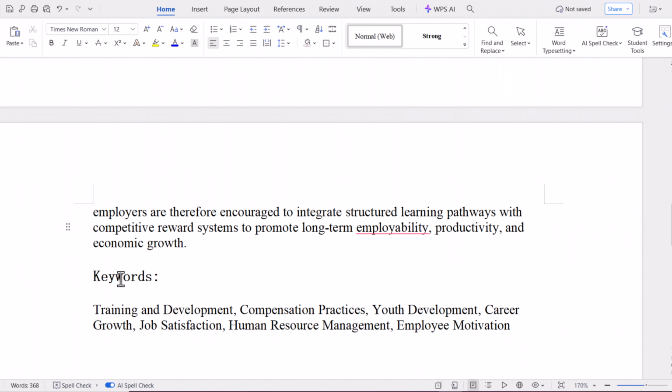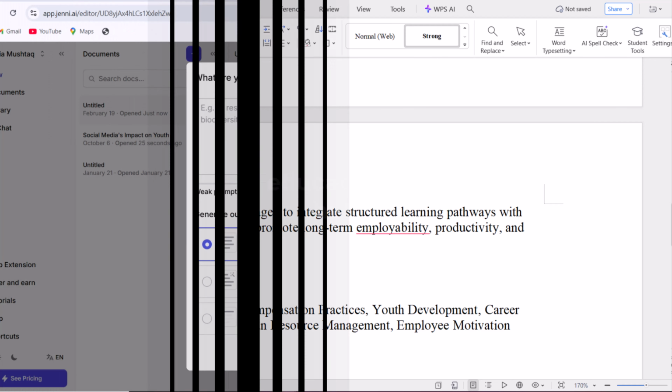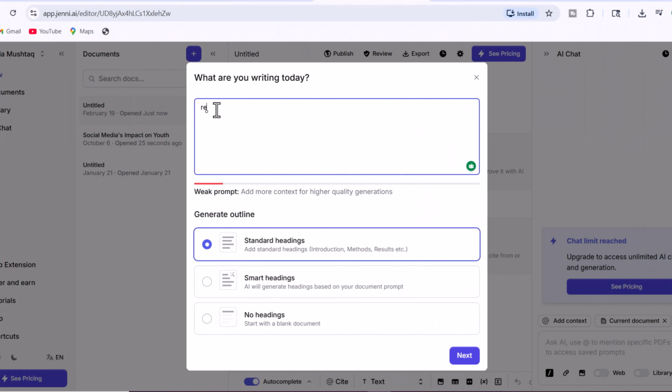In addition to the abstract, you are usually required to include 3 to 5 keywords. For this topic, suitable keywords might be youth development, employee training, compensation strategies, career growth, and job satisfaction. These keywords help others discover your research more easily. To make the writing process faster and more refined, you can use AI tools to improve clarity, enhance academic tone, increase fluency, and ensure technical precision.